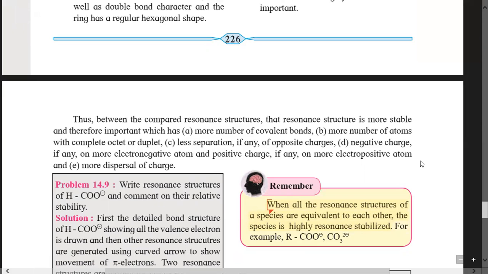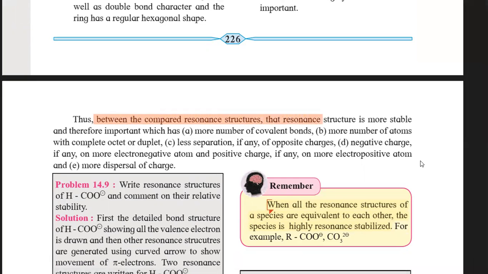Between the compared resonance structures, the structure that is more stable and therefore important is the one which has more covalent bonds, more atoms with duplet or octet of electrons, and less separation of charges.